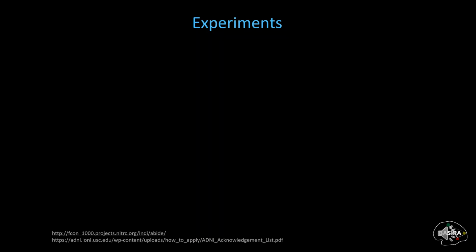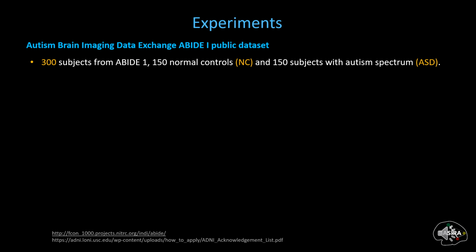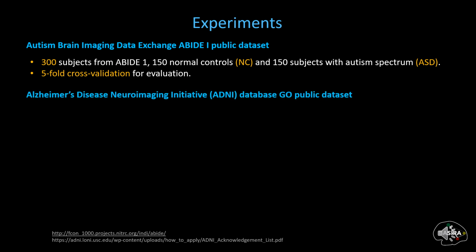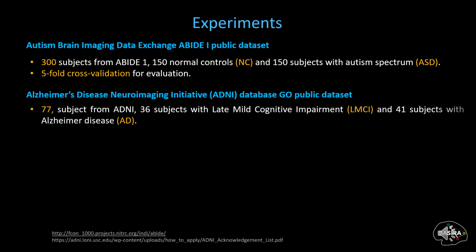To evaluate GRN, we use 300 subjects from the ABIDE dataset, 150 being normal control and 150 subjects with autism spectrum disorder. We evaluated our framework using 5-fold cross-validation. Further, we evaluated our framework using ADNI dataset with 77 subjects, 36 with late mild cognitive impairment and 44 with Alzheimer's disease.